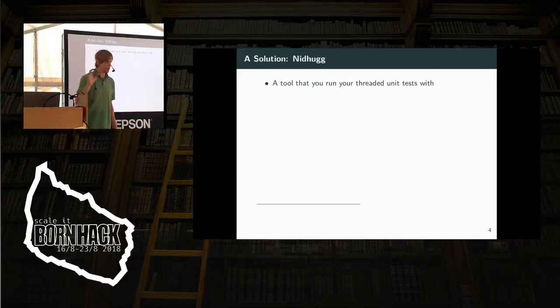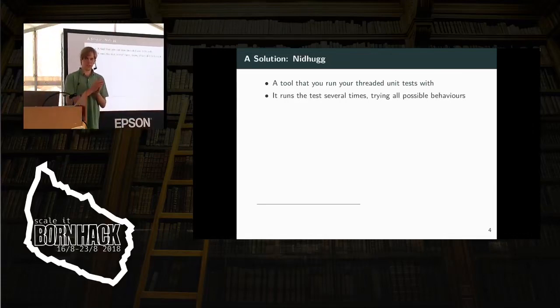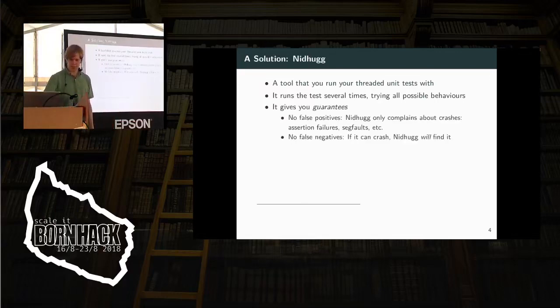And what Nidhugg does is that it just runs your tests several times and actually systematically tries all the possible things it can do due to the way multiple threads interact. And thus, because it tries everything, at the end you have a guarantee that if it can crash, Nidhugg will find it.